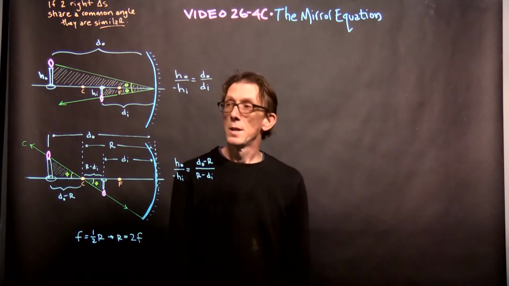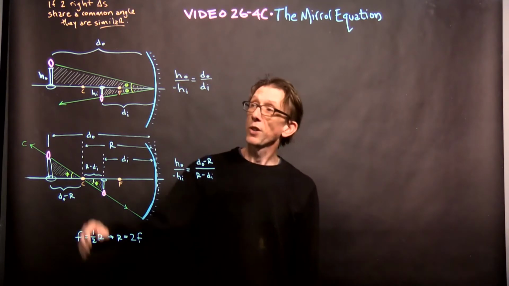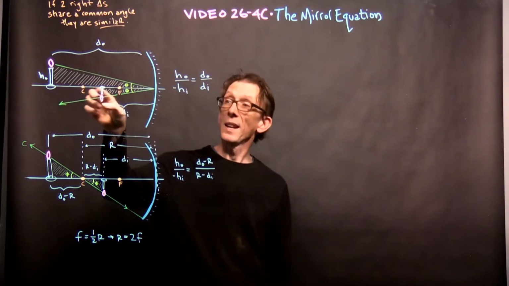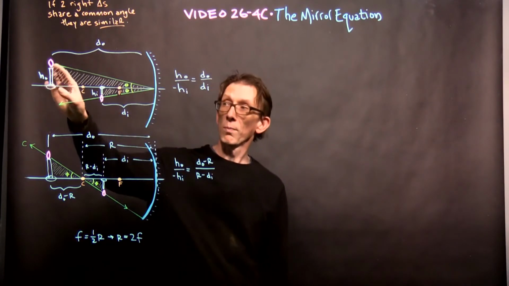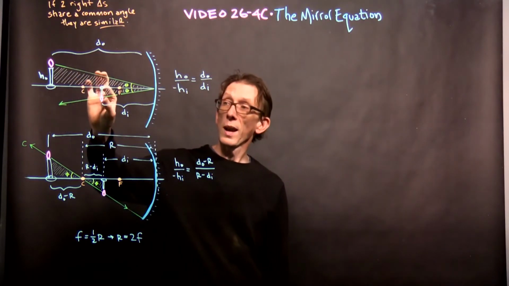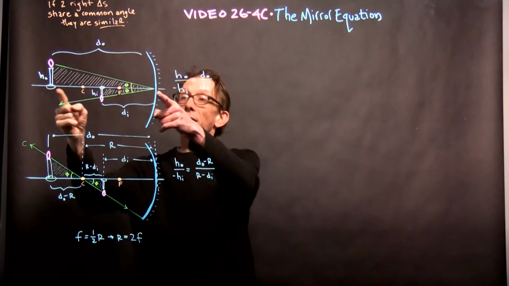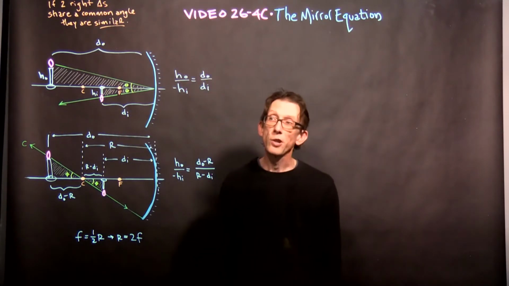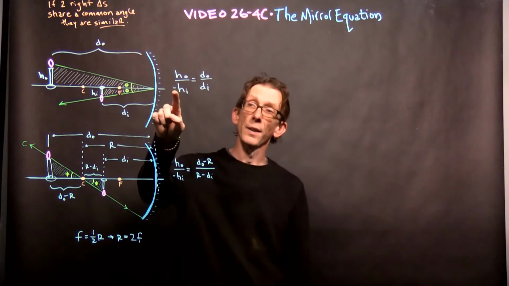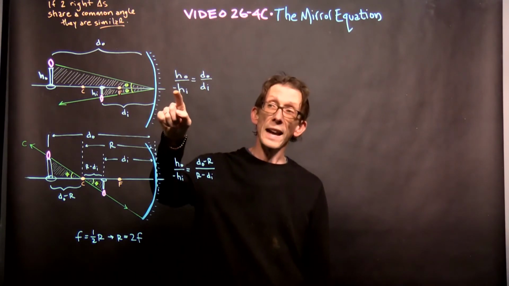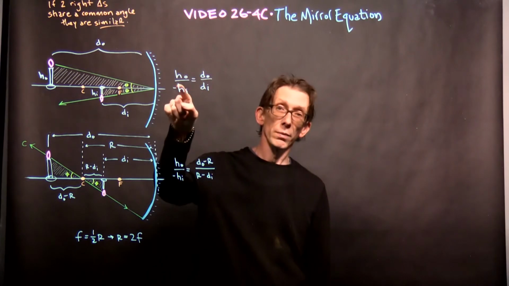And what that means is the ratio of H0 to negative HI is the same as D0, which is the long side. So basically the ratios of your sides are equal. H0 is to HI as D0 is to DI. That's what similar means, the ratios are the same. And we put the negative sign in there because HI is itself negative. So the negative HI becomes positive.